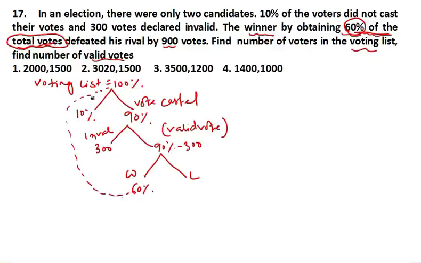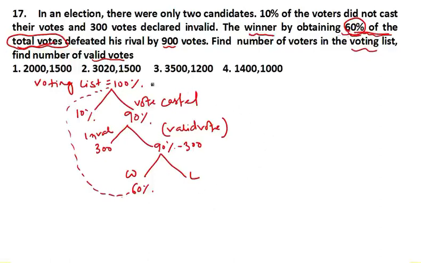But whenever the question comes like you have to calculate from the total voting list, make sure whatever number is given here, maybe it is winner or loser, just write whatever percentage comes here. Suppose it is written 30% loser got, just write 30%.